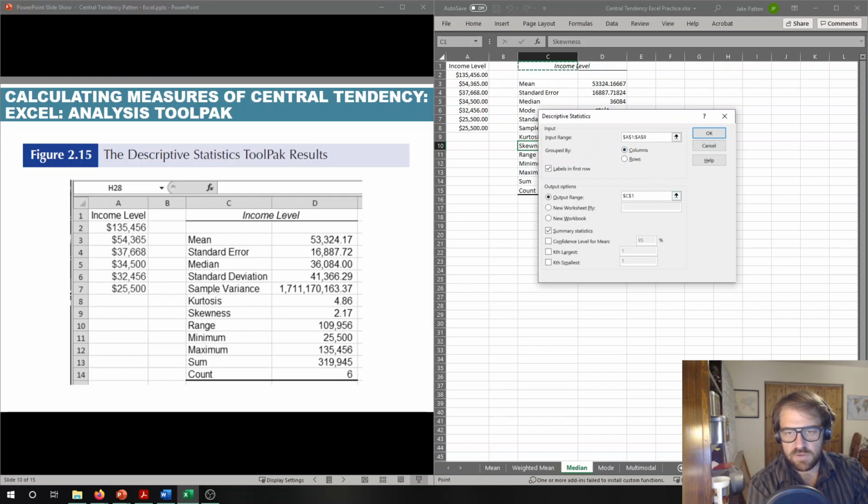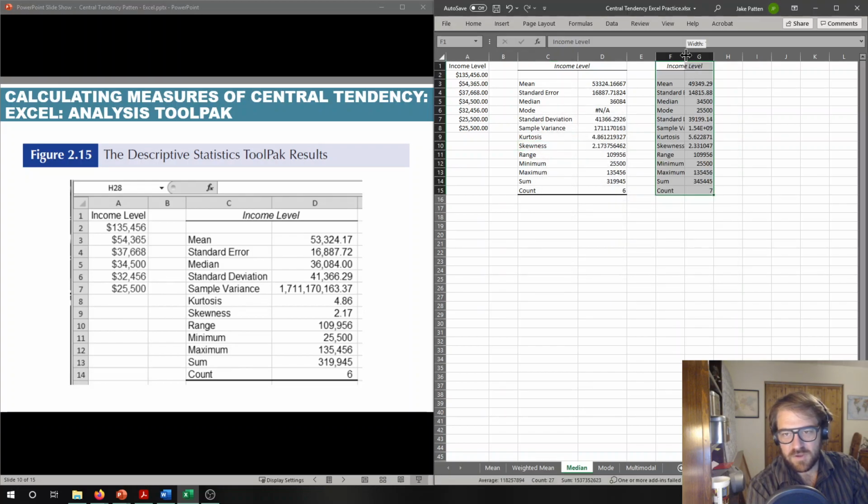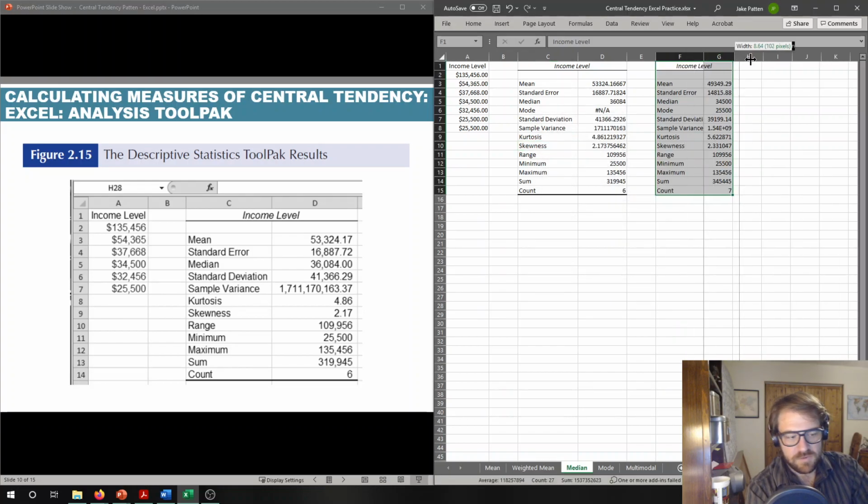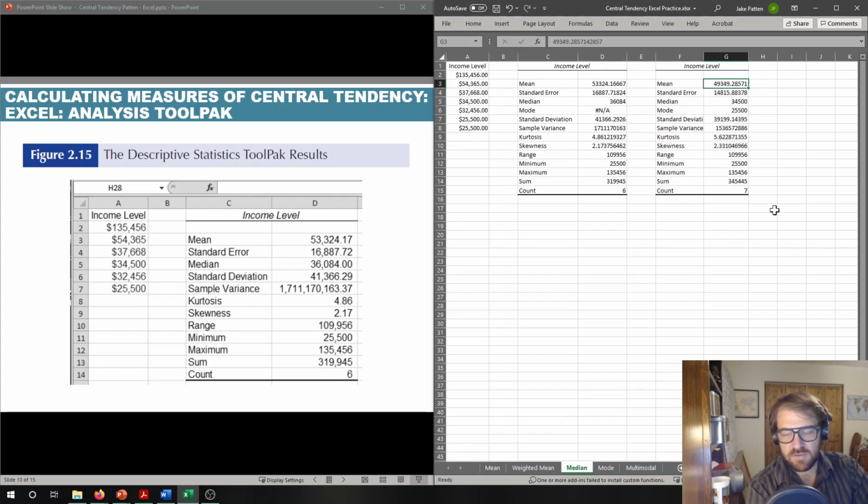Now let's change where we're going to put this. We're going to put it in F. Just click. Put it in F1. Okay. So now you can see that our mean with that new value of $25,000, our mean has dropped to 49,000.